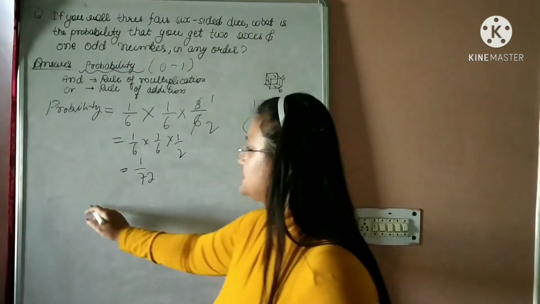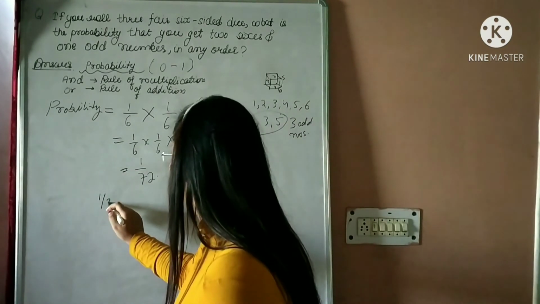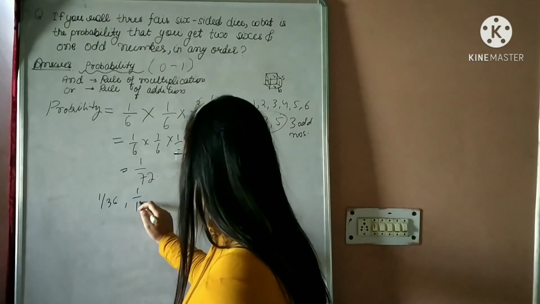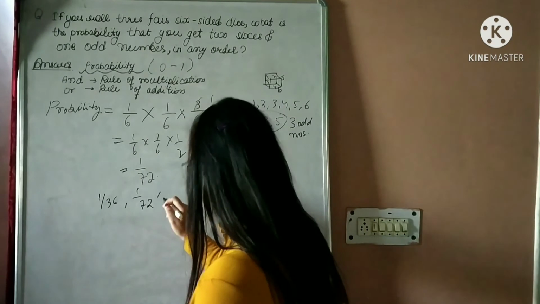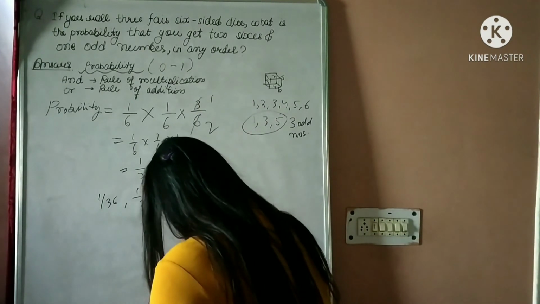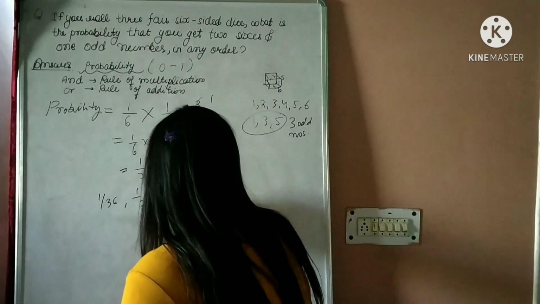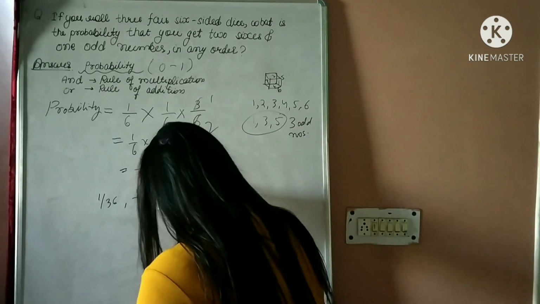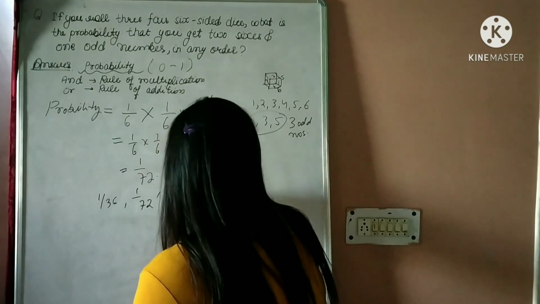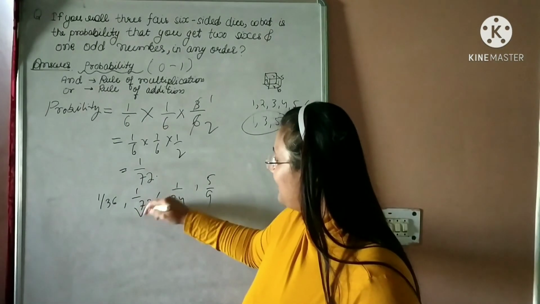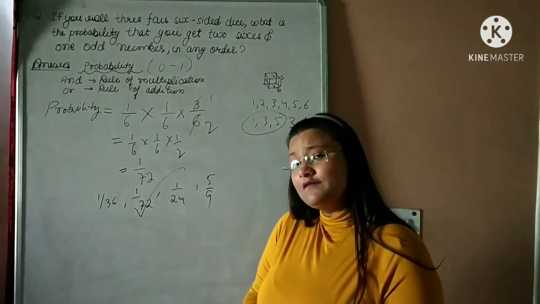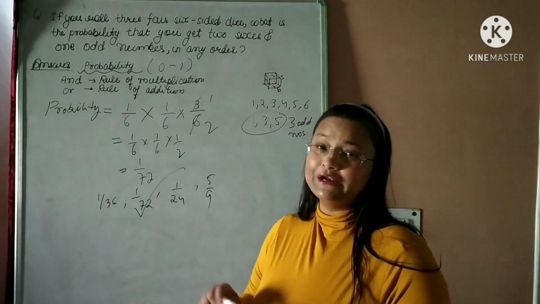There were many options given, like 1 by 36, 1 by 72, 1 by 24, and another option was 5 by 9. So our answer will be 1 by 72. That's how we can solve easy problems related to probability.